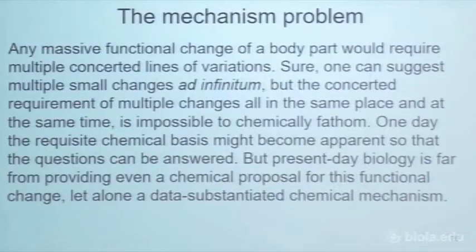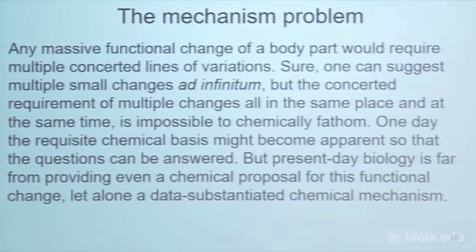Any massive functional change of a body part would require multiple concerted lines of variation. Sure, one can suggest multiple small changes ad infinitum, but a concerted requirement of multiple changes all happening in the same place at the same time in evolutionary history is impossible to chemically fathom. One day the requisite chemical basis might become apparent so that the question can be answered.